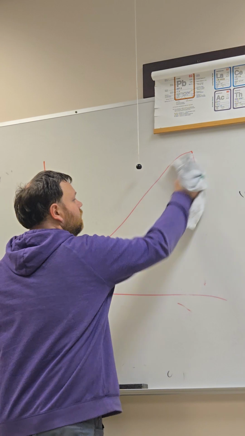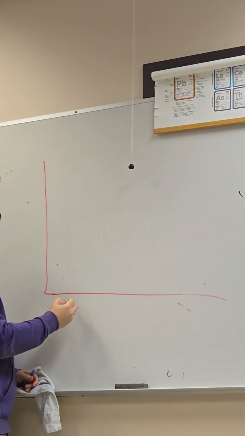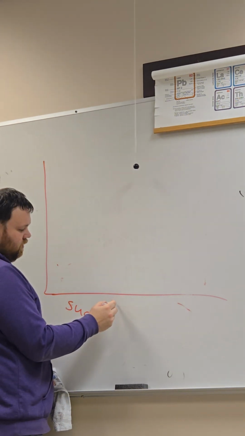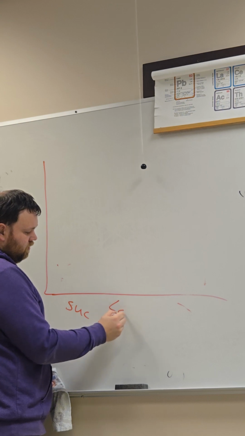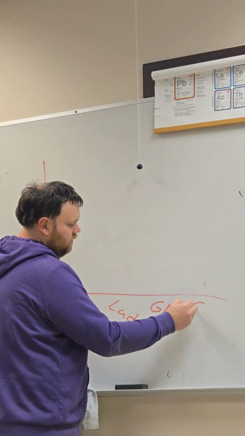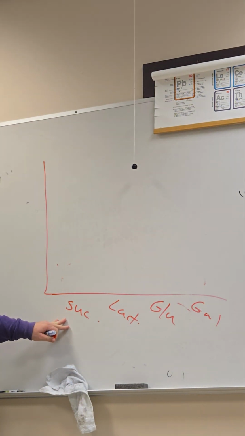Next ones. Let's do our sugars. So what sugars do we have? Sucrose. What's another one? Lactose, right? We had glucose and galactose. How much reactivity was sucrose?